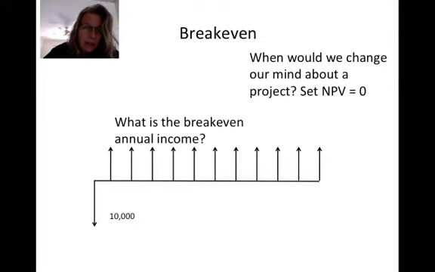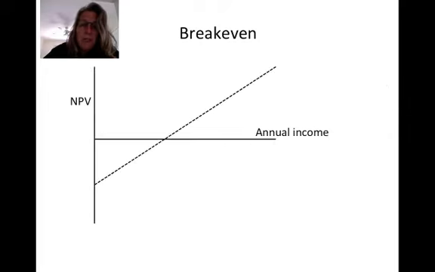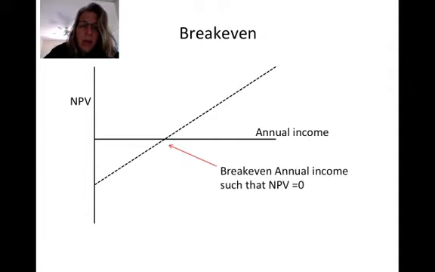In this case, we might ask, what is the break-even annual income? So we set the net present value equation to 0 and solve for annual income. Often we do this in a graph where we vary annual income and see the impact on net present value. The place where the line crosses 0 is the break-even annual income, meaning the net present value is 0.